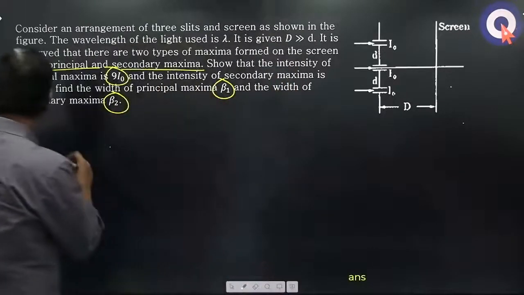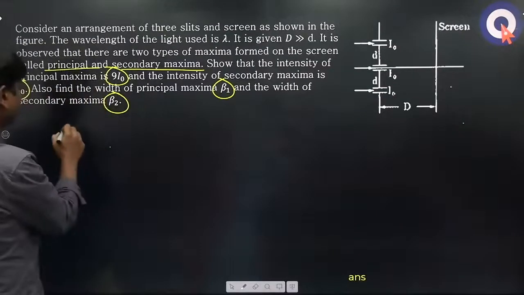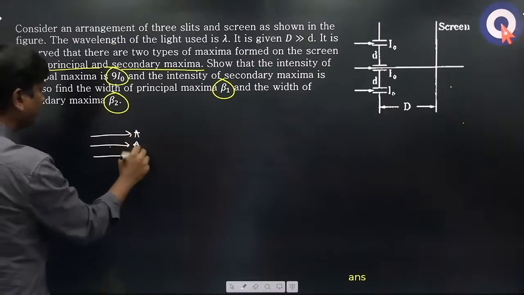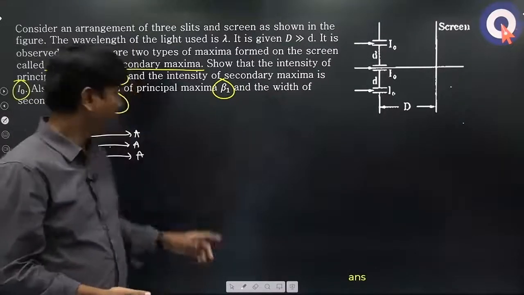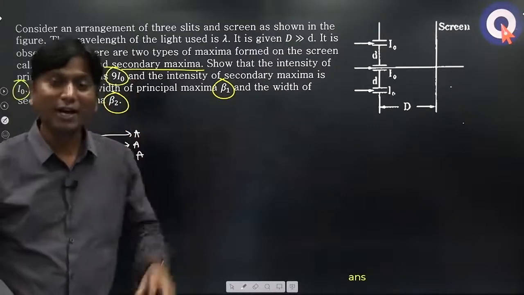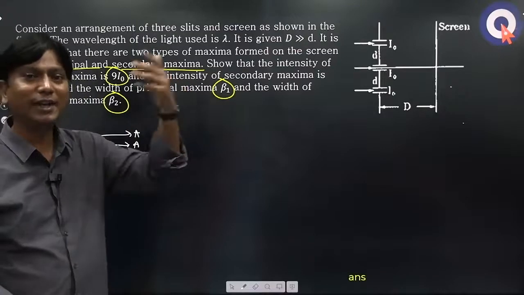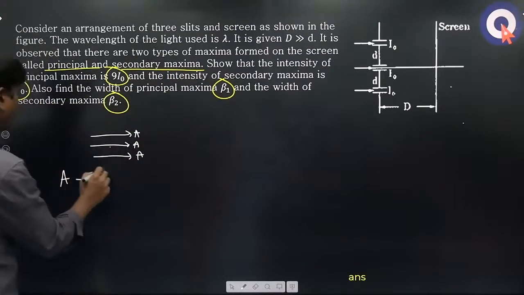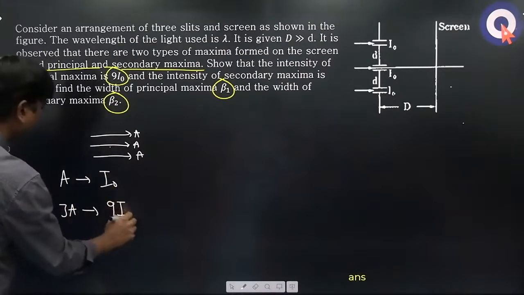Suppose 3 are there, amplitudes A. Okay, so all 3 are having the same amplitude A. If all are in the same phase, nicely you will get the resultant as 3A. And when you get the resultant as 3A, automatically the intensity becomes 9 times. Agree or not? So for A it is I naught, automatically 3A means you will get 9 I naught.